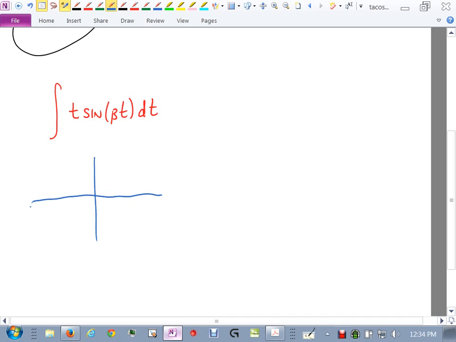I'm going to use u and v again, as long as we understand that it's a new integration by parts. Don't confuse it with the u and v from up there. U here, du, dv, v. What am I choosing for u? T. And then my dv is the other part, which was sine beta t dt.